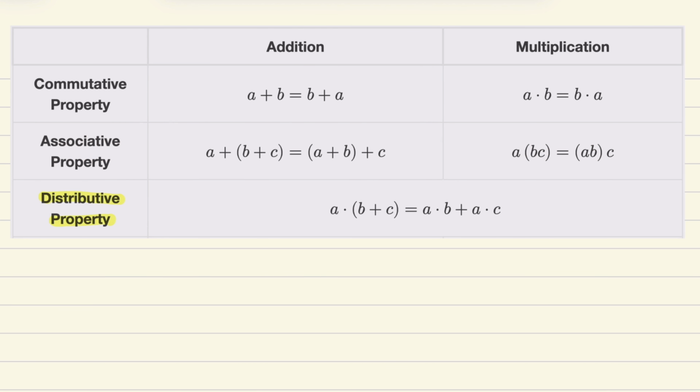Then for the distributive property, if I have a number being multiplied by two terms being added, distribution means that A will be multiplied by the first term, and it'll also be multiplied by the second term.